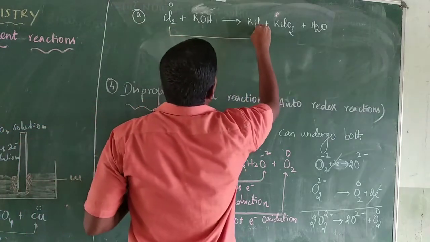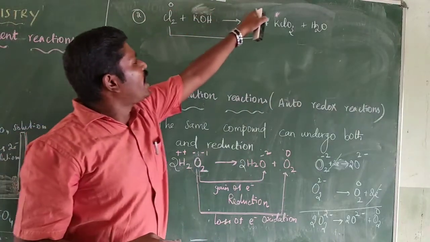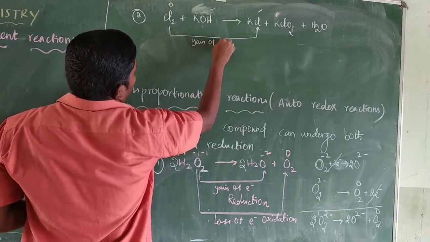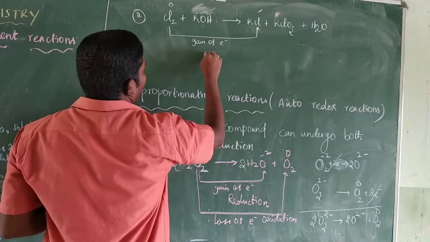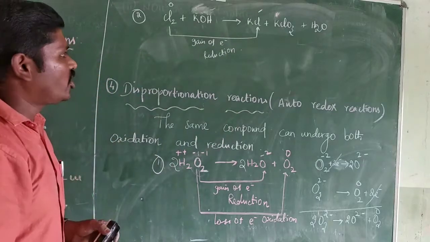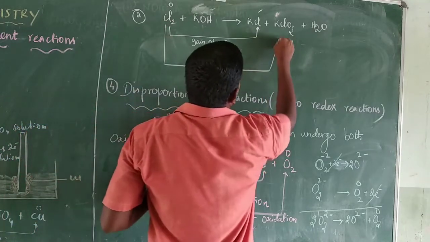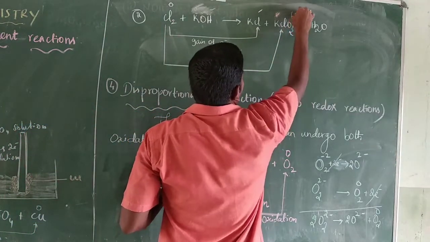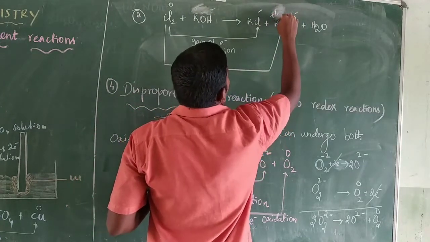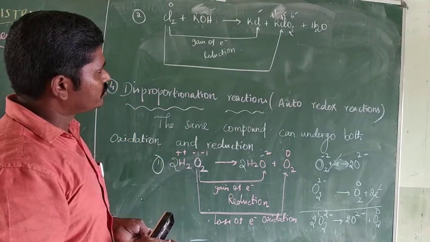Cl2 to Cl minus: Cl 0 to minus 1 is a gain of electron, which is reduction. Next, Cl2 to chlorate: each oxygen is 2 minus, 6 minus, plus 1, so chlorine is plus 5.